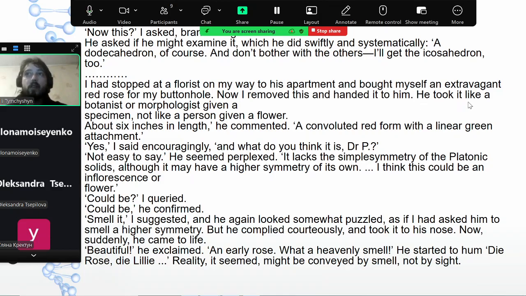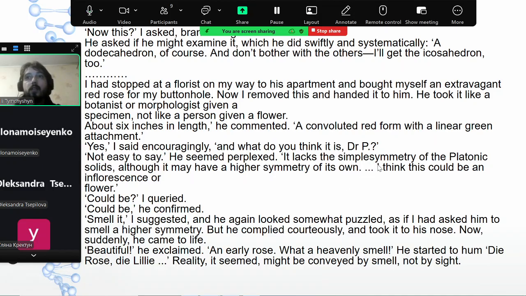So he took the rose, "like a botanist or morphologist given a specimen, not like a person given a flower. 'About 6 inches in length,' he commented. 'A convoluted red form with a linear green attachment.' 'Yes,' I said encouragingly. 'And what do you think it is, Dr. P?' 'Not easy to say,' he seemed perplexed.